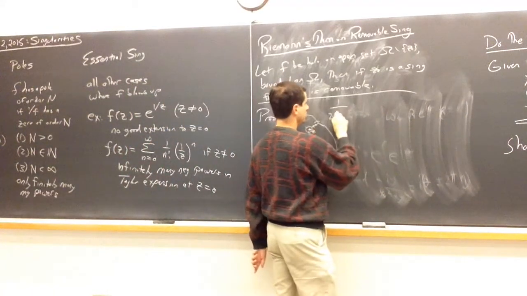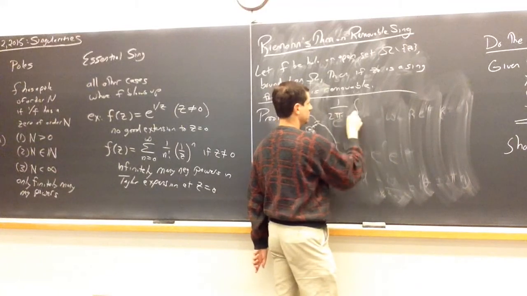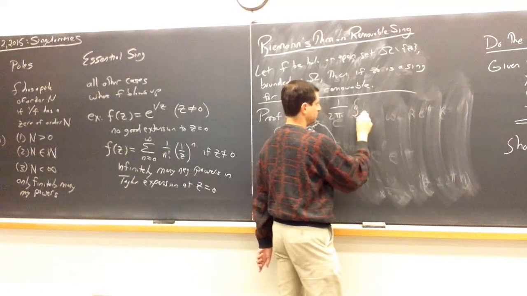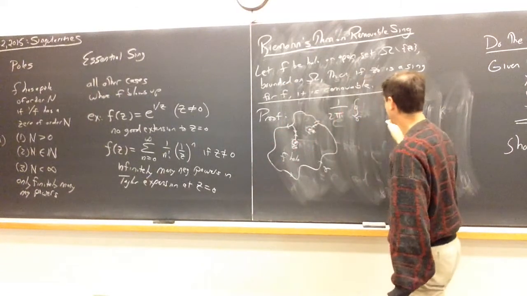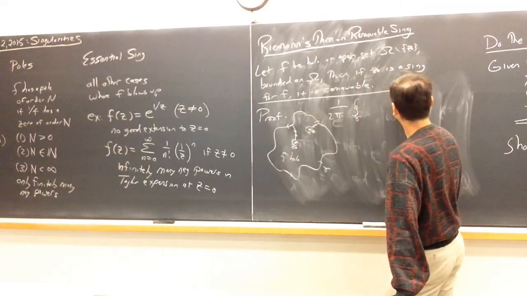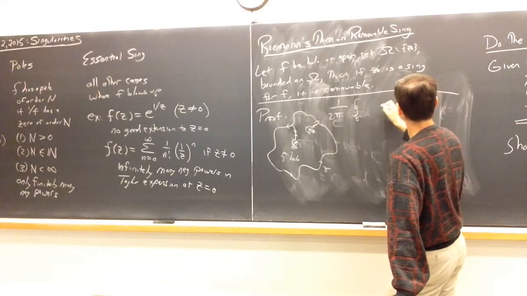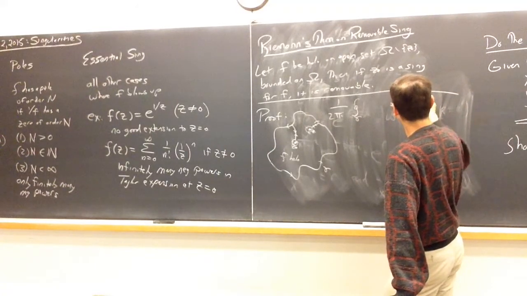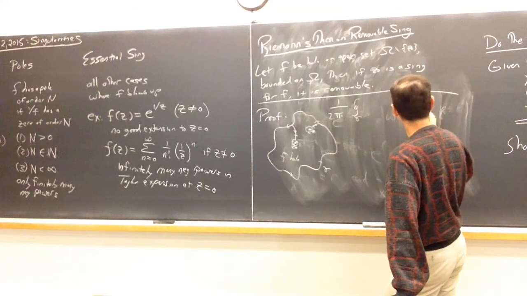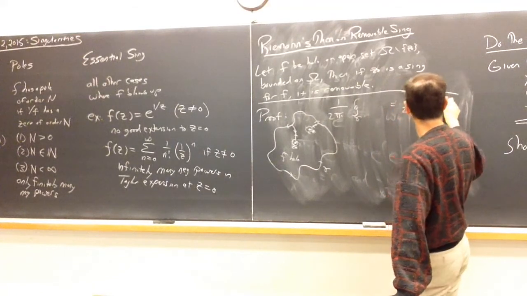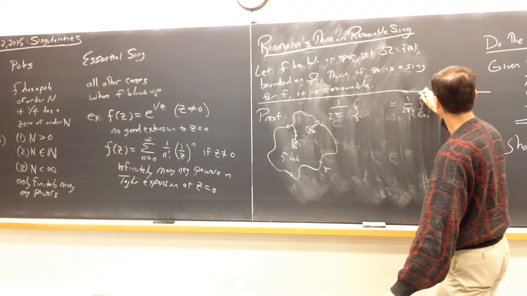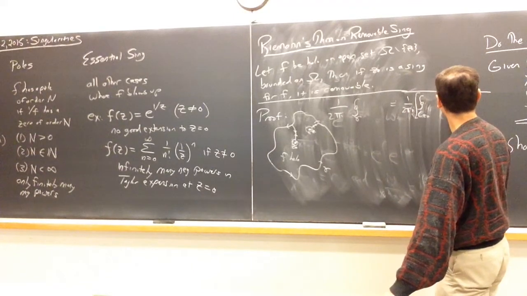So 1 over 2 pi i integral over gamma is equal to 1 over 2 pi i integral over, we'll say, the circle at z naught plus the integral over the circle at z.